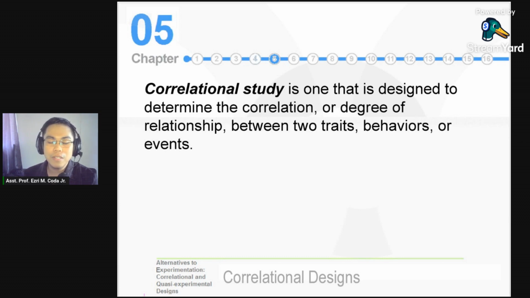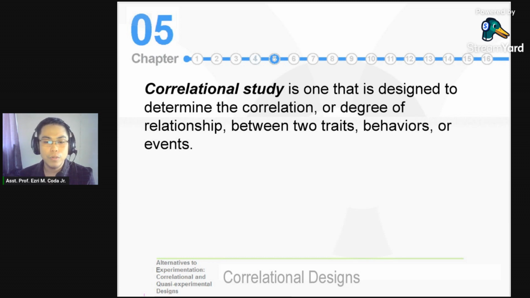Whereas in correlational studies, we could not say that we are determining the cause and effect relationship of the variables we are studying, because we are just merely observing. We are just determining the relationship, or the degree of relationship, between the behaviors, traits, or events that already exist in the natural world or natural setting.